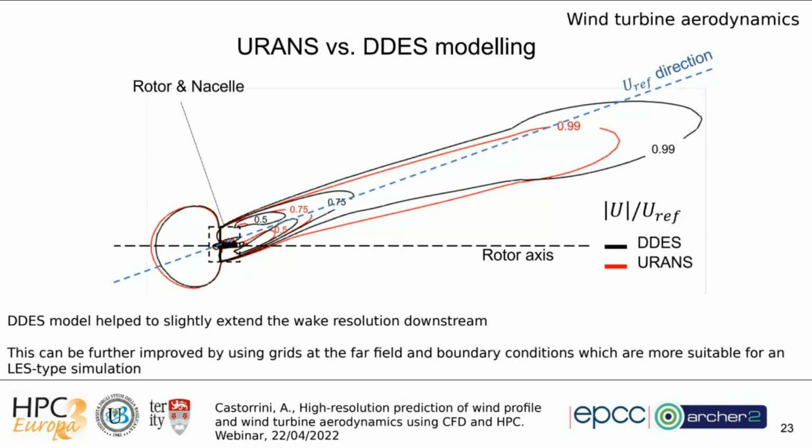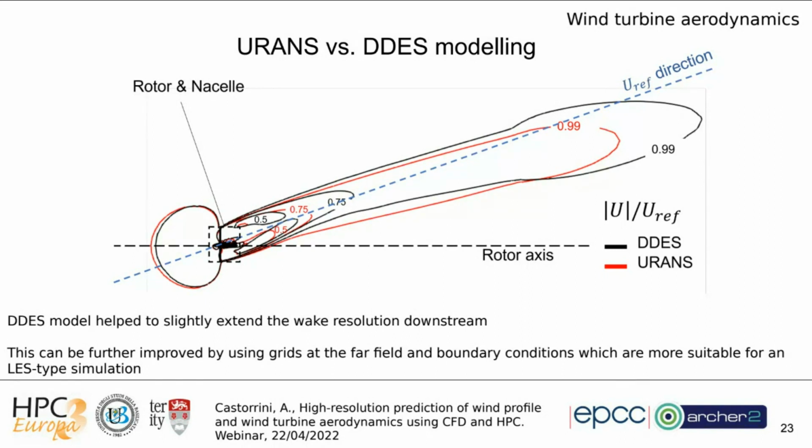It gives us a bit more refinement of the wake. It can extend for at least one more diameter from the rotor, but still using this kind of mesh is not optimal to get the best accuracy of the far wake field, which can be an improvement and maybe a possible extension of this work.